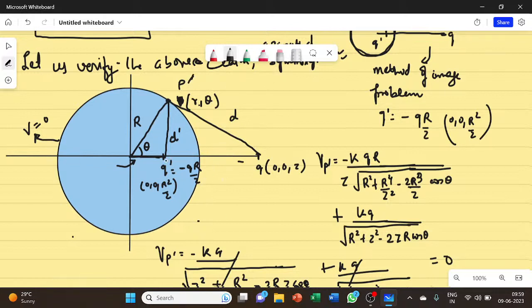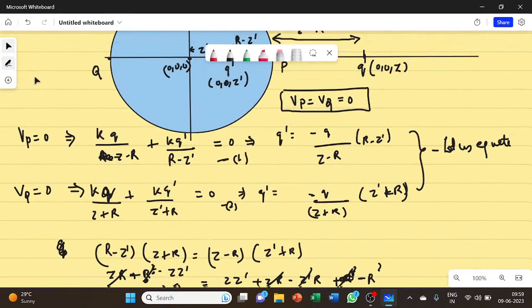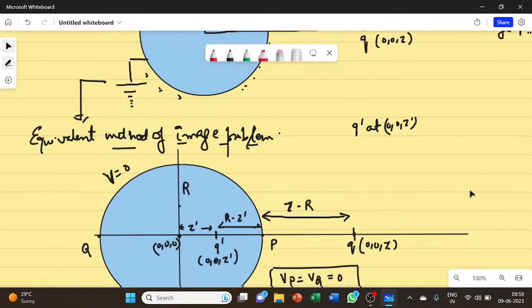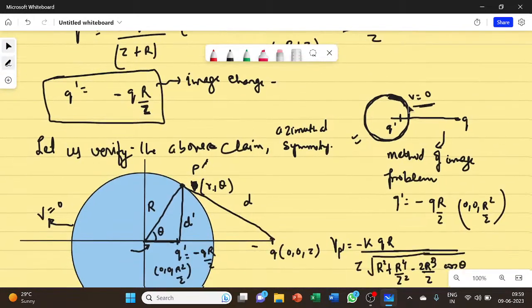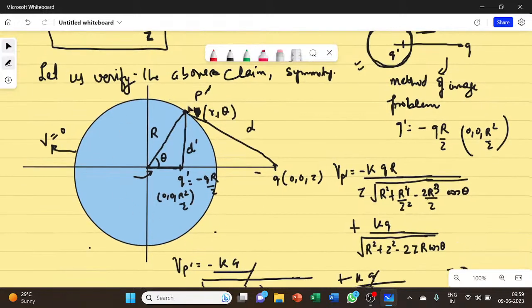So the initial problem was a grounded conducting sphere and a charge q placed in front of it. If you replace this original problem by an equivalent method of image problem, that is, if I place a q dash here and q here, and then find the potential anywhere on the conducting sphere, I get 0 only.